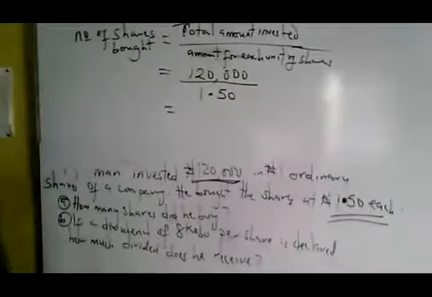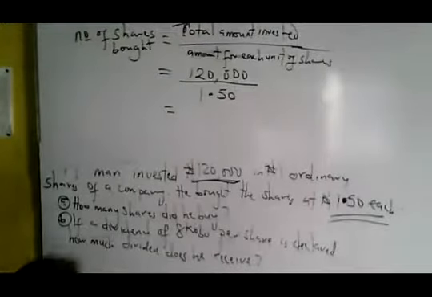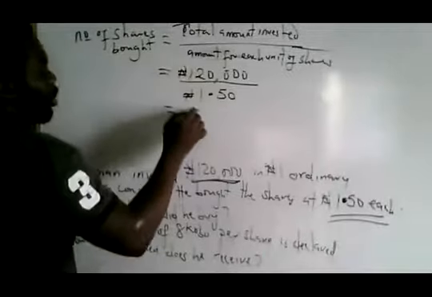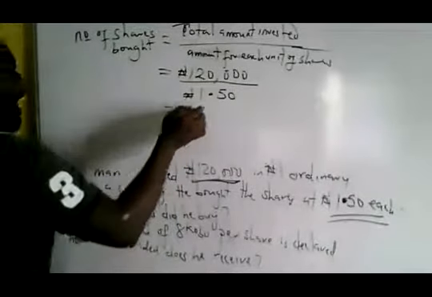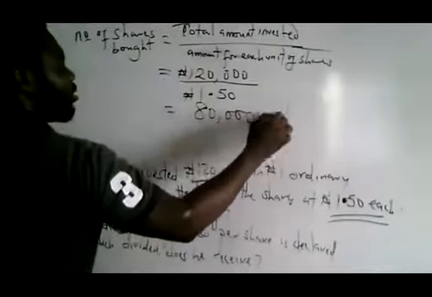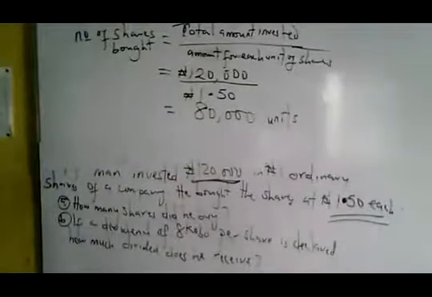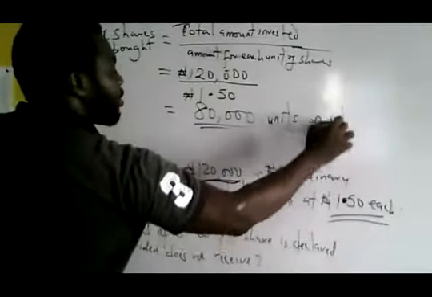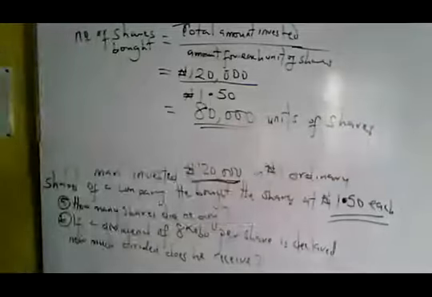Now, if we divide 120,000 by 1.5 naira, this is going to give us 80,000 units. So he bought 80,000 units in the company. That is the answer there. 80,000 units of shares. That's how much he bought.